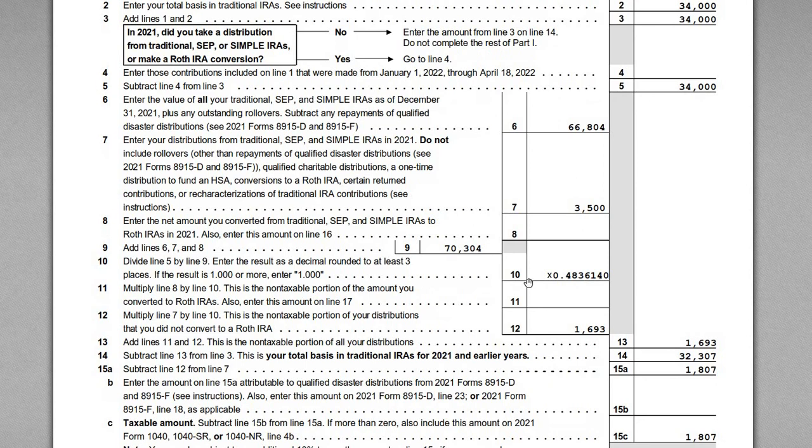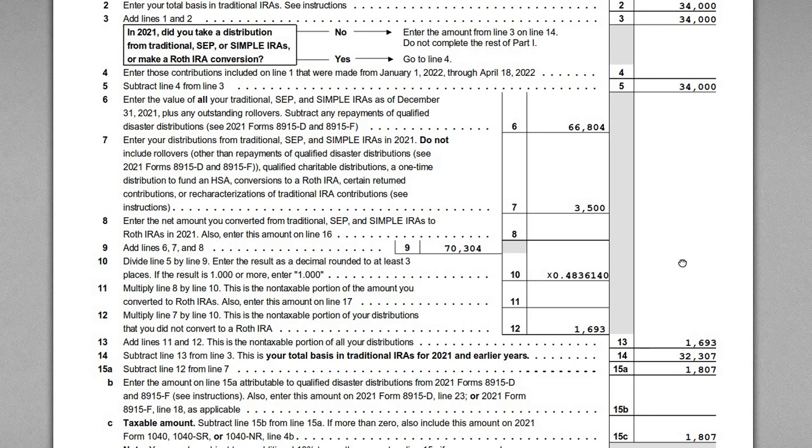And then on line 10 here, we want to divide line 5 by line 9, right? So we're dividing the basis by the total fair market value, and we're coming up with this percentage of 0.4836, or 48.36%. So that 48% represents the total value of the account that has basis.